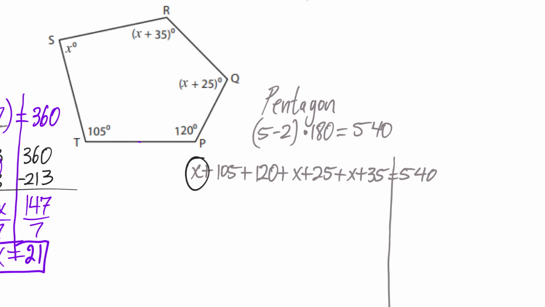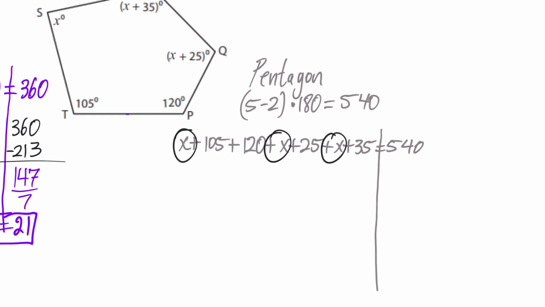All right, let's combine like terms. So we have X, X, and X. So how many X's do we have? 3 X's. Now 105, 120, 25, and 35 is what? 285. Okay. 285 equals 540.